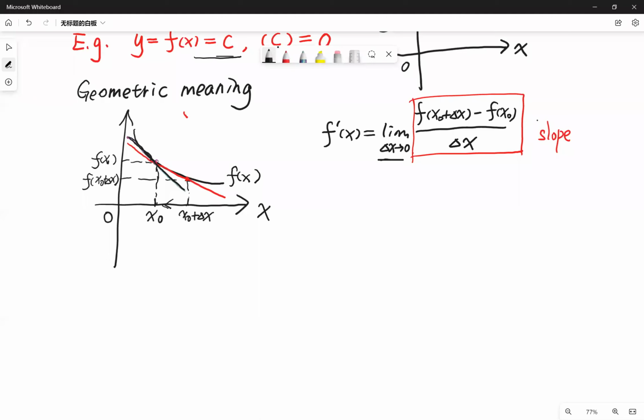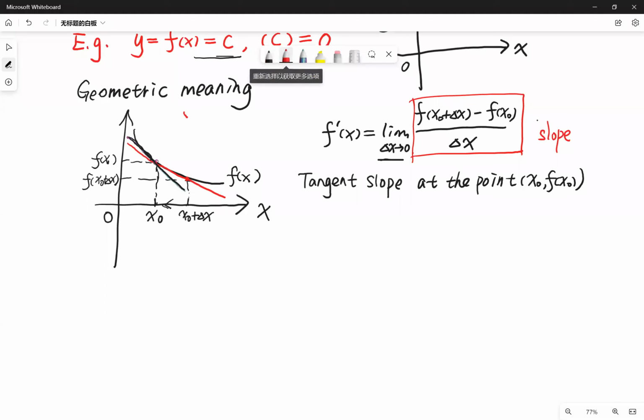So we get this tangent line here, and we call this the tangent slope at the point x0, f of x0.